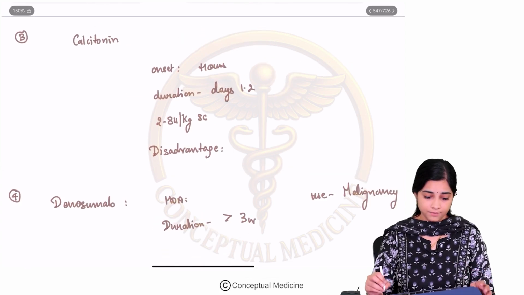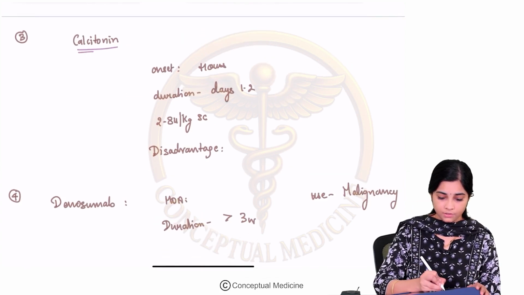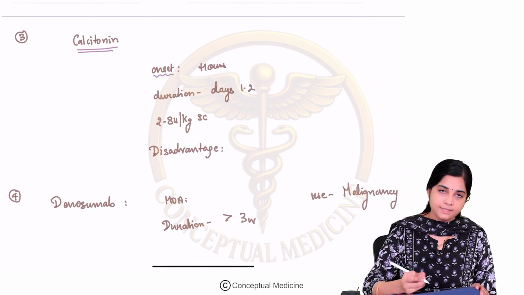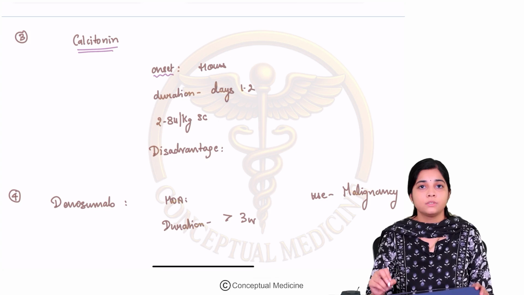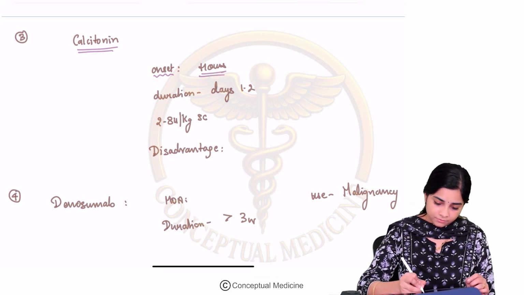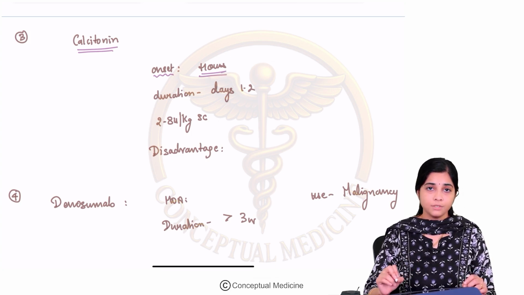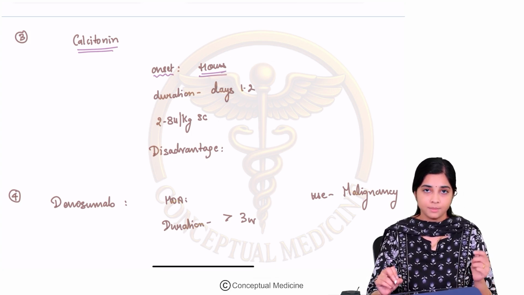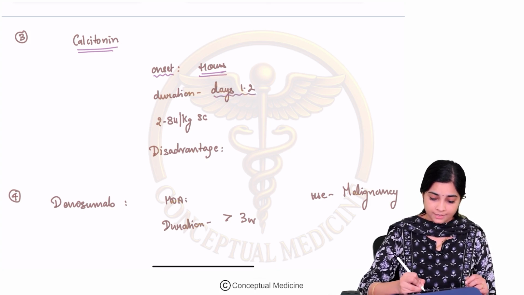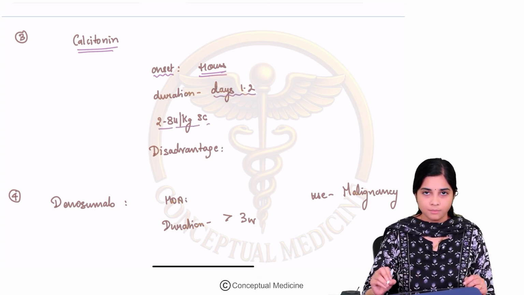The third drug that we use is your calcitonin. The advantage of calcitonin is that it can be used in cases of acute hypercalcemia because it has an onset within a few hours, but its duration is 1 to 2 days, and it's given as 2 to 8 units per kg subcutaneous.